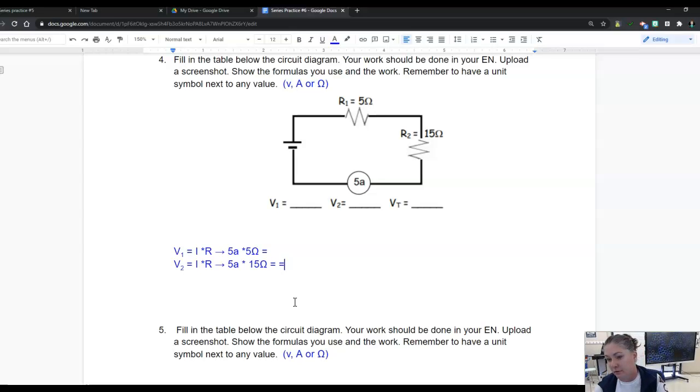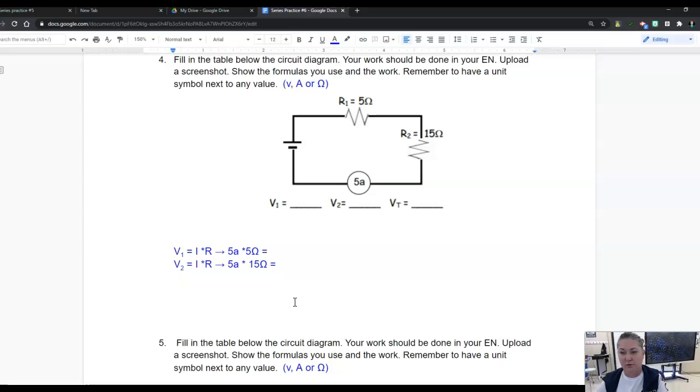And then to get the total voltage, we want to do V equals I times R. So be careful here. This is the formula. V equals I times R. And you just want to plug in what we have here. We have 5 amps.